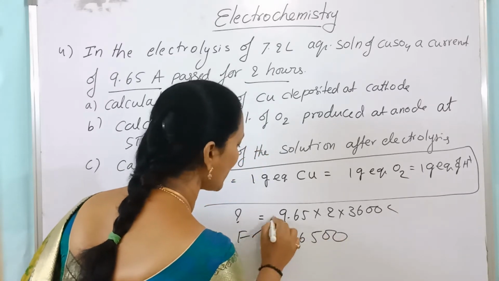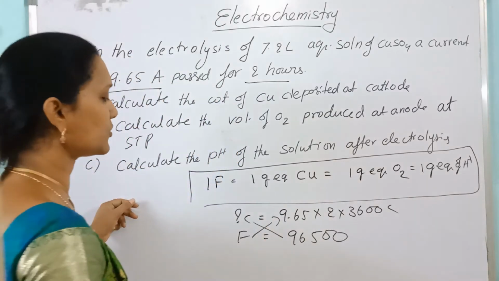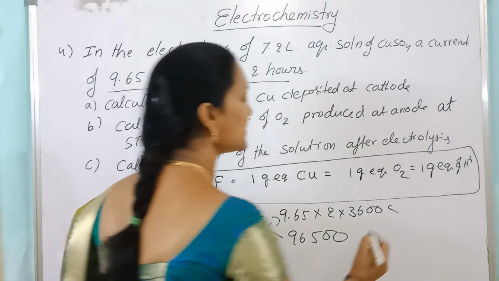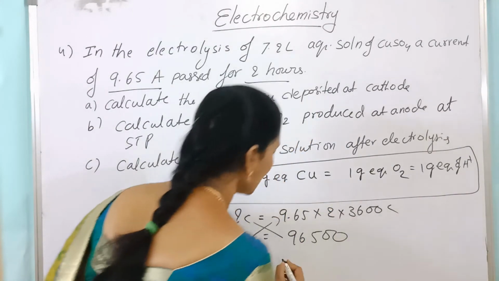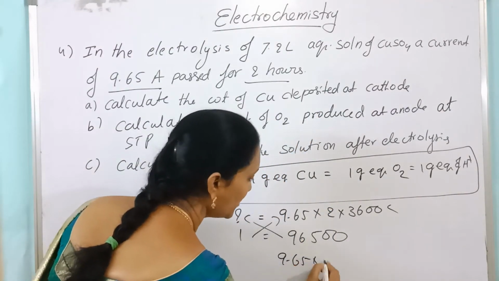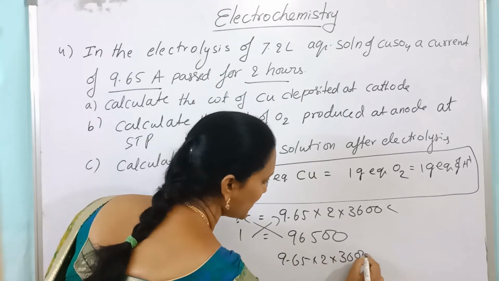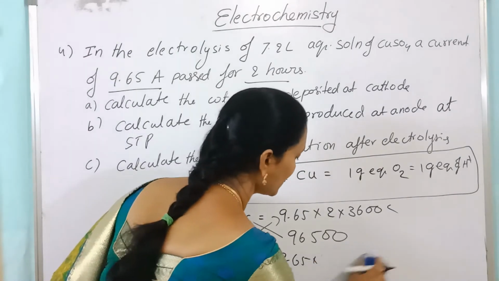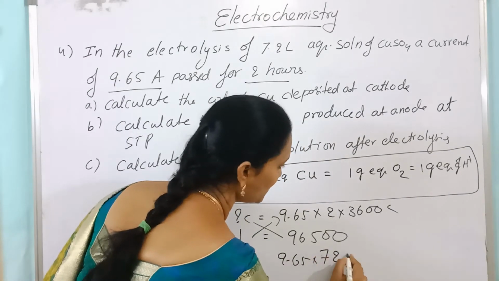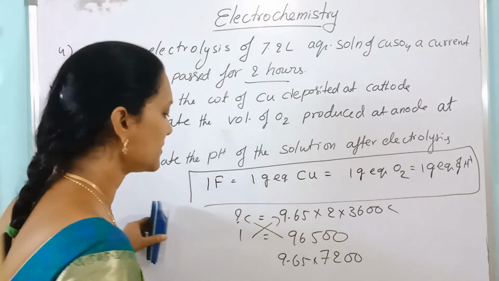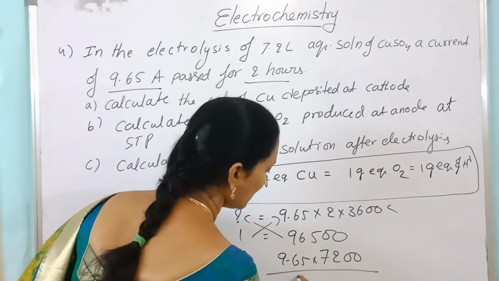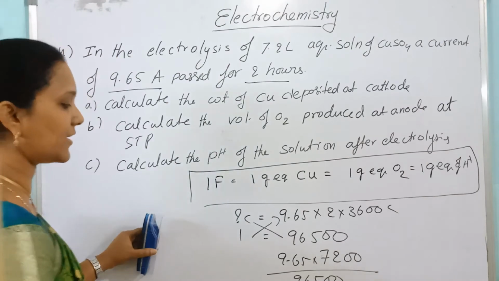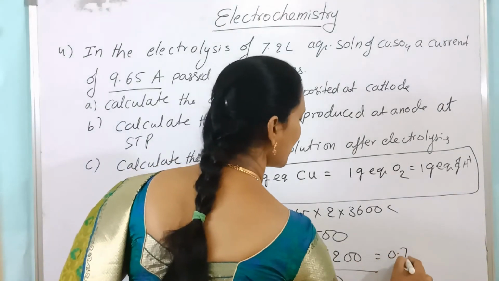So the Faradays are equal to 9.65 into 2 into 3600 by 96,500. Nothing but 7200 by 96,500, so it is nothing but 0.72.